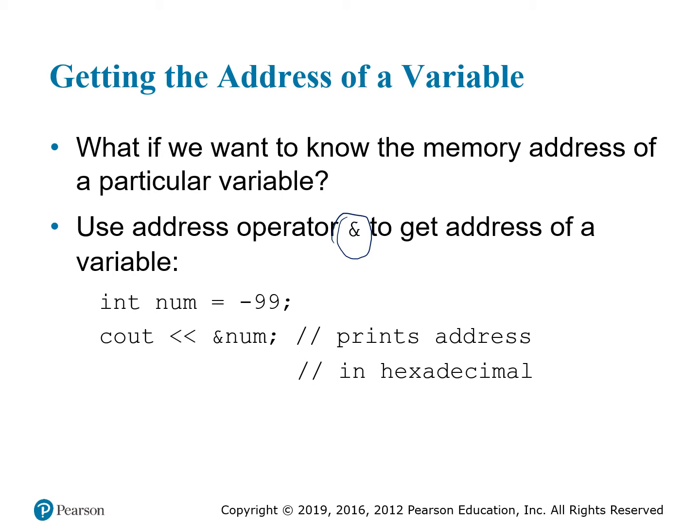So if we type the code int num equals -99, then again we get a memory location somewhere in memory. Maybe this one is 0C42, and the computer stores -99 for us at that memory location and causes the identifier num to point to that memory location.